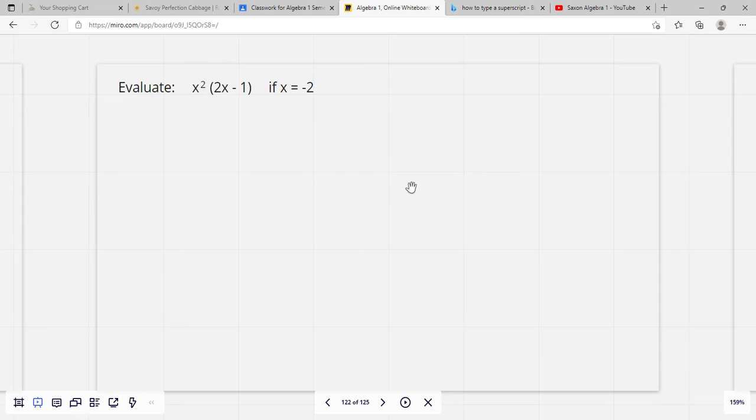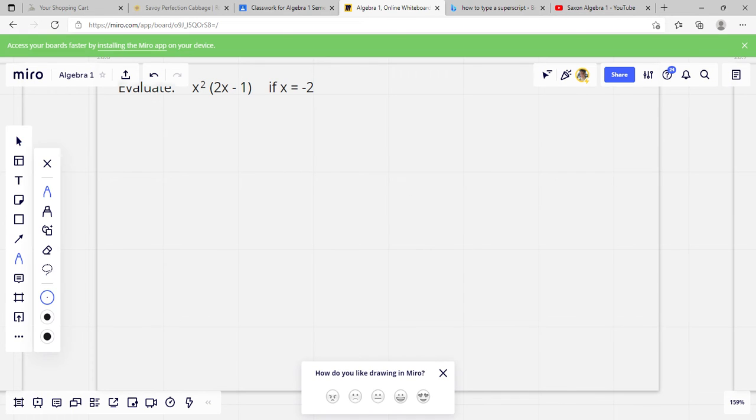Evaluate x squared times 2x minus 1. So this one's just like the last one. What we're going to do, x equals negative 2, so we're going to have to put a negative 2 there and there. So it will be negative 2 squared times 2 times negative 2 minus 1. 2 times negative 2 will be negative 4. Negative 4 and negative 1 will be negative 5. Negative 2 squared, that's negative 2 times negative 2, is positive 4.